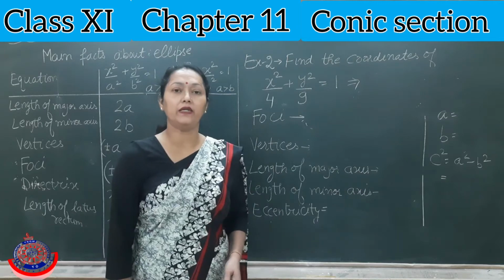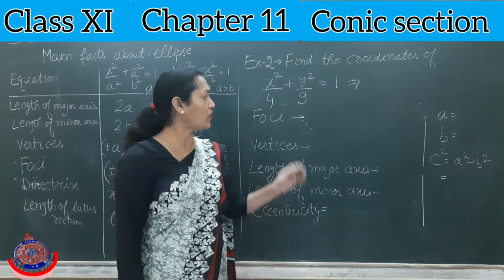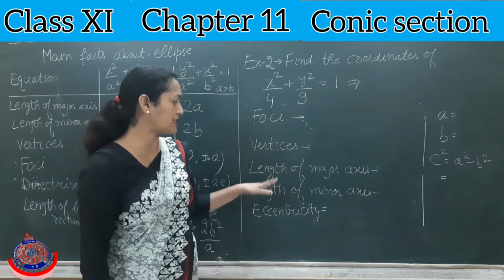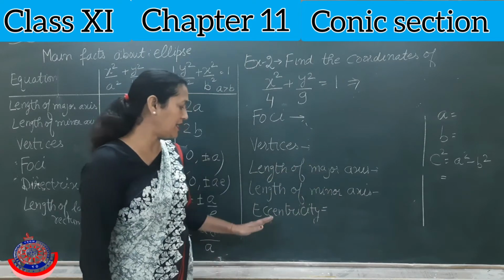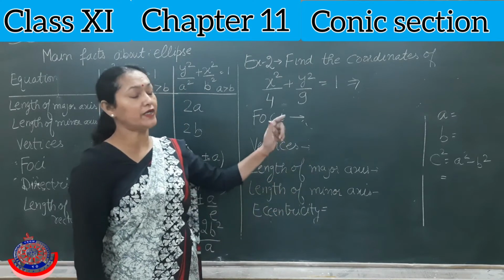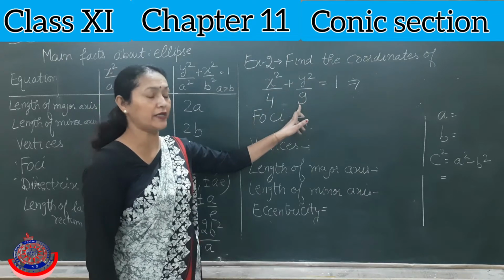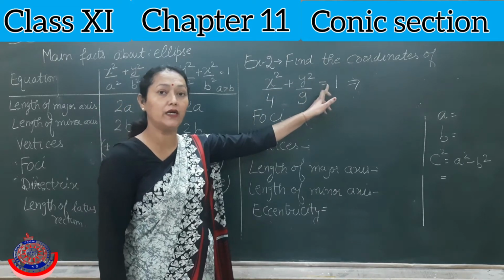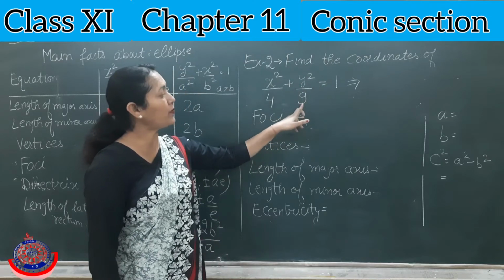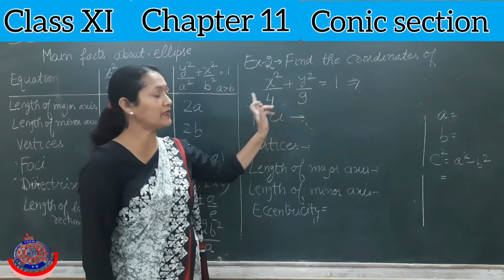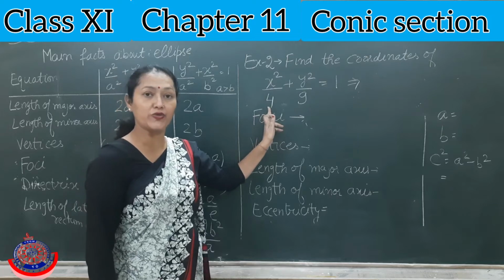In second example, again they are asking us to calculate all these values: focus, vertex, length of major axis, minor axis and eccentricity. And here equation they have given us x square upon 4 plus y square upon 9 equals to 1. Now as you can see, denominator of y square is greater than denominator of x square.